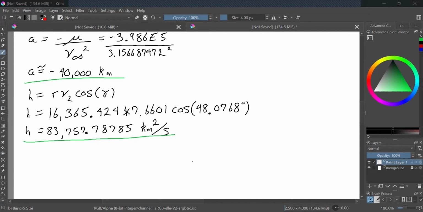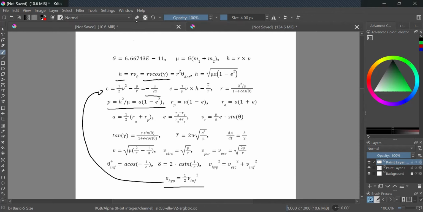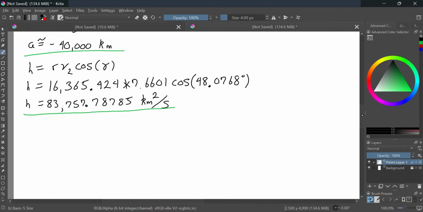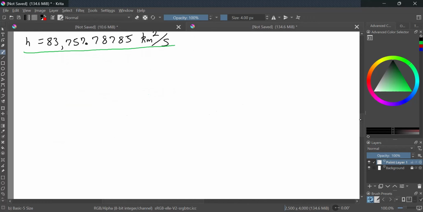All right. Now we have our A value and we have our H value. The last step on our grand master plan is to plug them into the parameter equation here and solve for eccentricity. For that, I'm going to give myself a little extra space. We have h squared by mu is equal to a times 1 minus e squared.